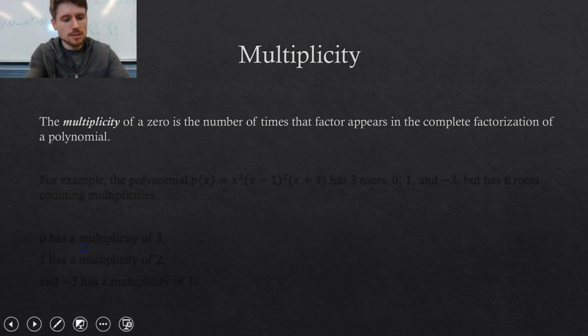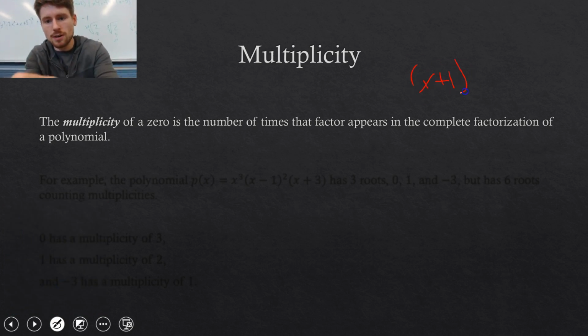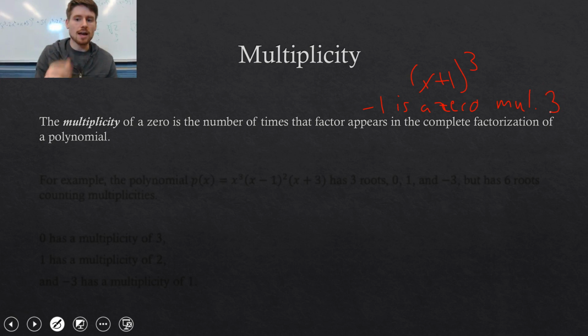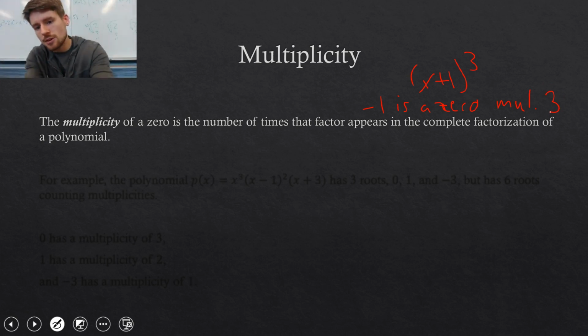So if your polynomial was something like (x plus 1) cubed, then you'd have a 0 at -1. So -1 is a 0. And since it shows up 3 times in the factorization, then it's got multiplicity 3. And I'll abbreviate multiplicity like that, MUL period. So we'll say it's a 0 with multiplicity 3.